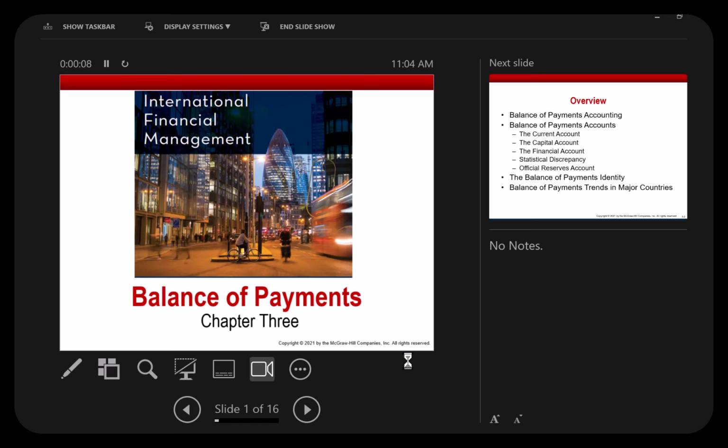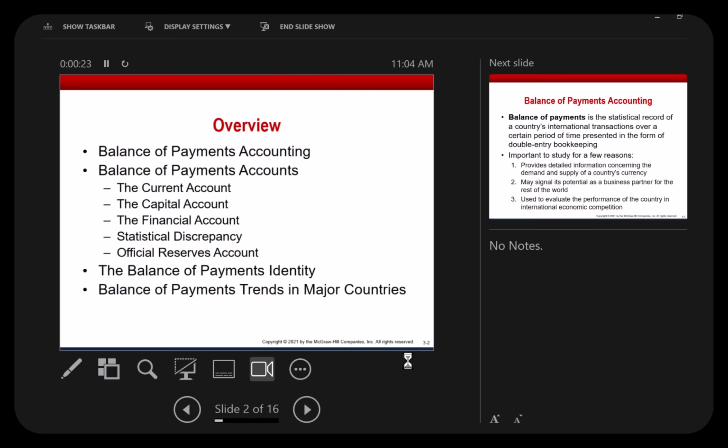Today we're going to talk about balance of payments. I'm going to spend only one lecture on this, kind of to create a background on sorts of things that may affect exchange rates. I'm not going to go over the balance of payments accounting since we're not going to do any exercising with it.